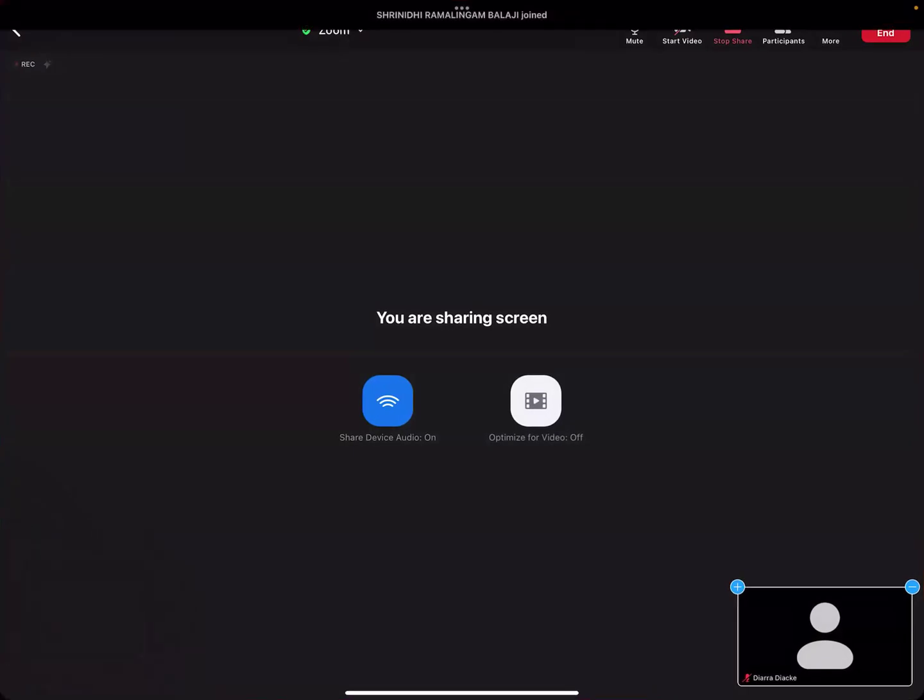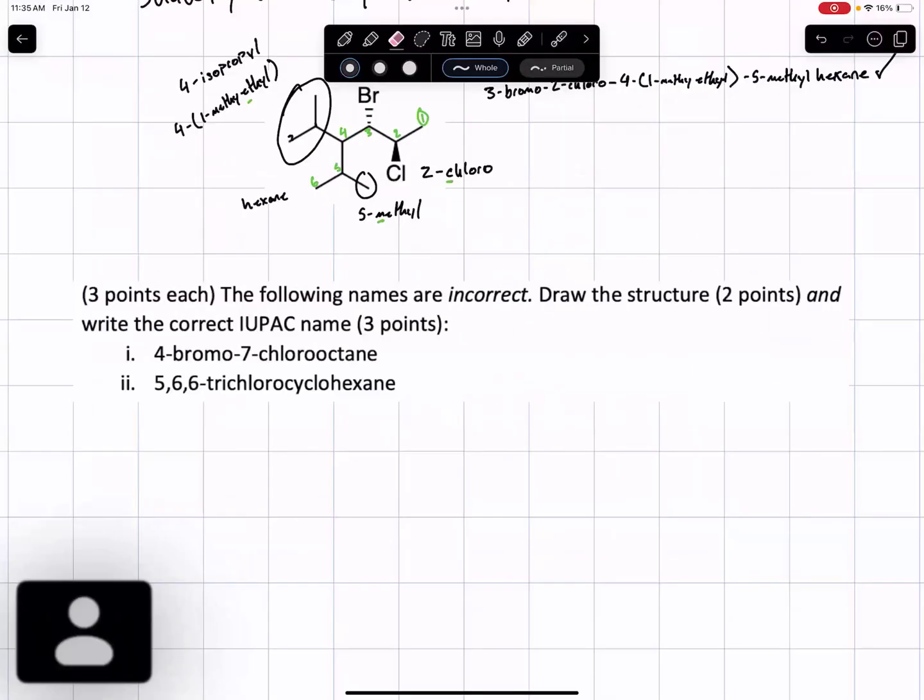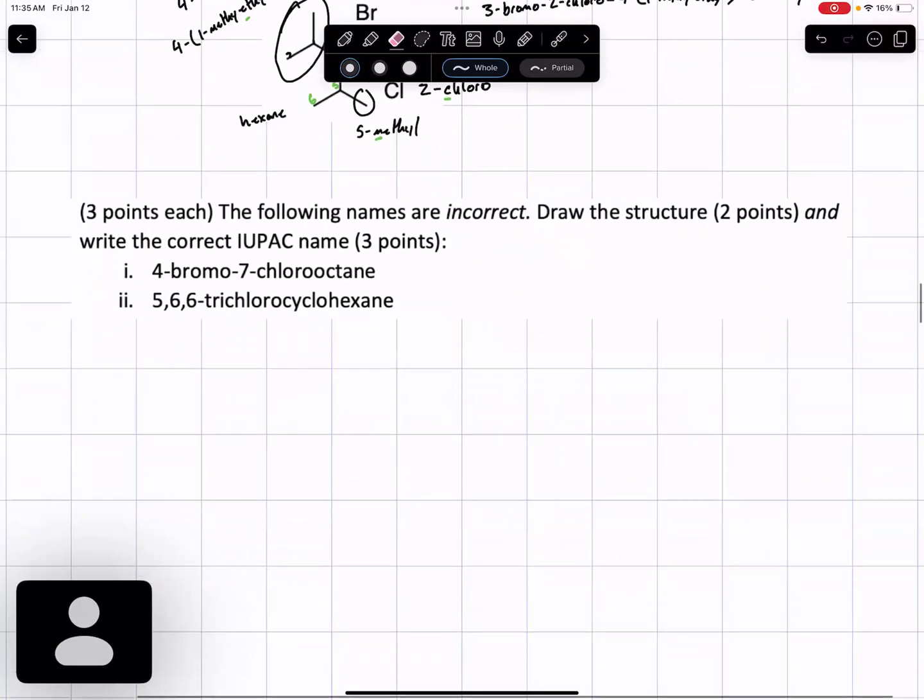So if we have 8 carbons, let me draw an 8-carbon chain. So this is 1, 2, 3, 4, 5, 6, 7, 8. Okay, that's an 8-carbon chain, right? And they're saying, okay, this is weird.